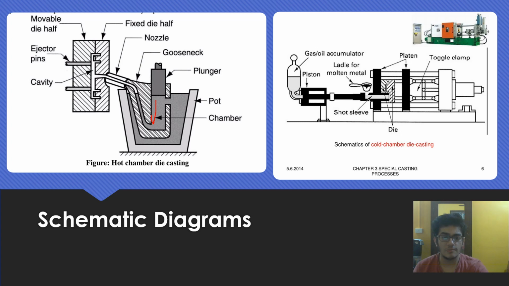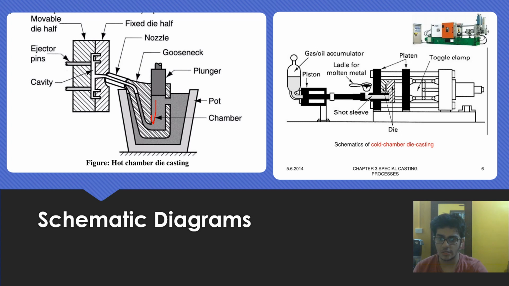The molten metal moves through the nozzle into the die through the runner and screw, and then it cools down there. While it cools down, this pressure is applied so that it won't leak out. Then it consists of a movable die and a fixed die. The dies are separated. The ejector pins are used to remove the component.